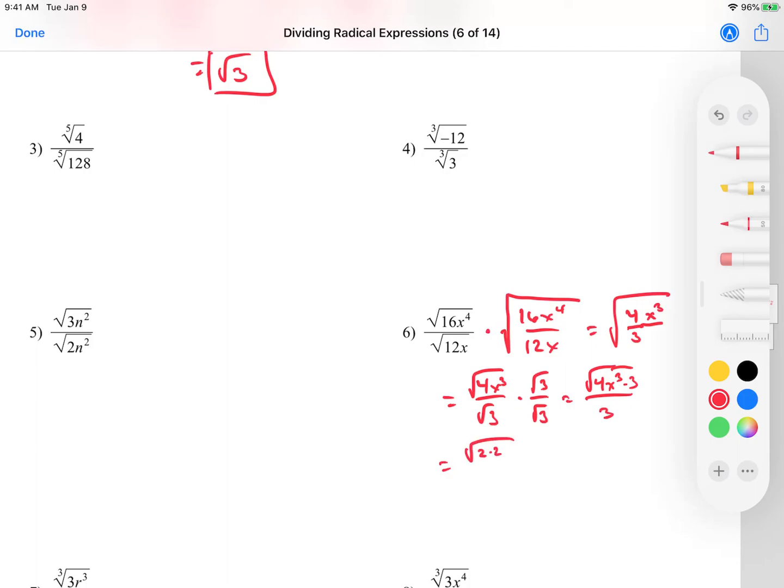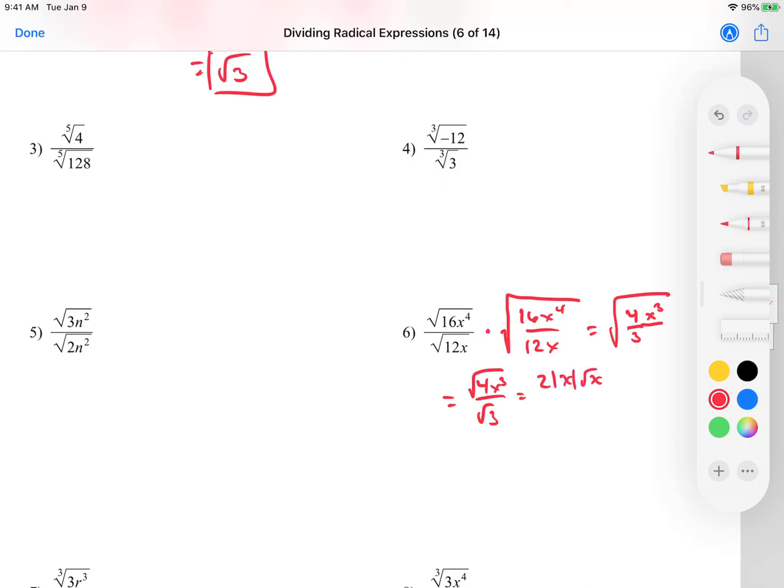Oh, sorry. Let's go back. Let's simplify this first. Yeah, and that's kind of what we're doing here. Square root of 4 is what? 2. So this would be 2, and then I can pull out one set of x's.